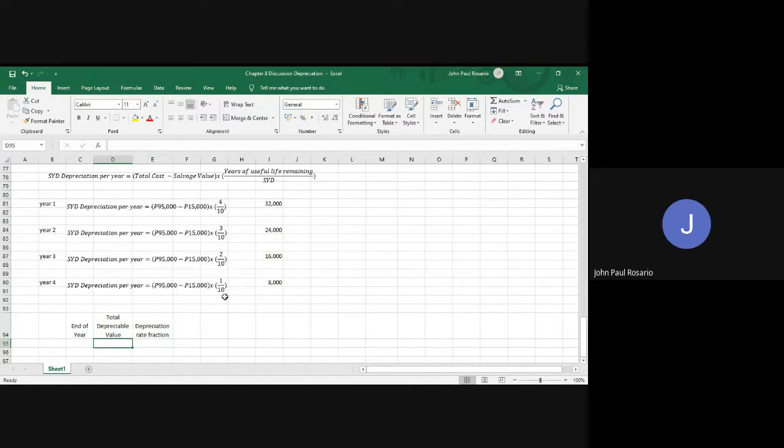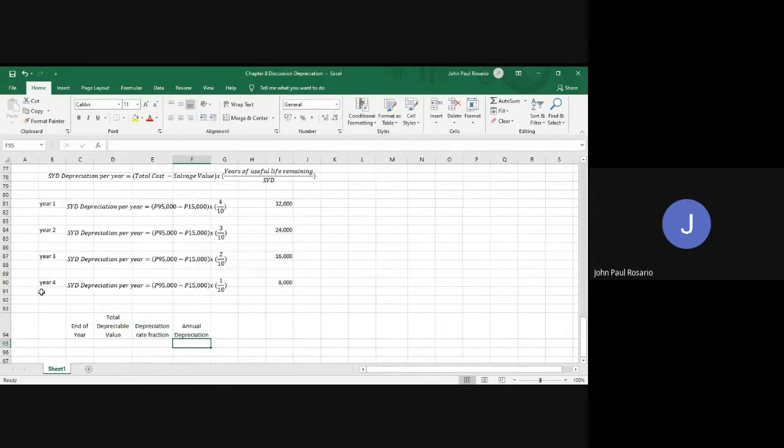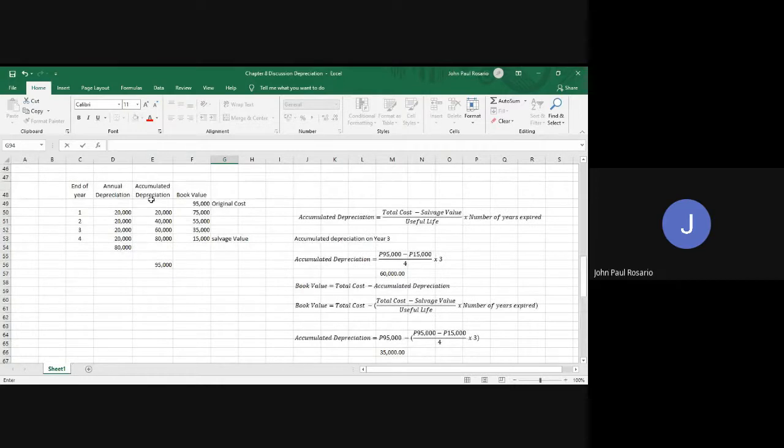And then we have our annual depreciation, and then our accumulated depreciation, and then your book value. Let's just copy the ones that I encoded a while ago.